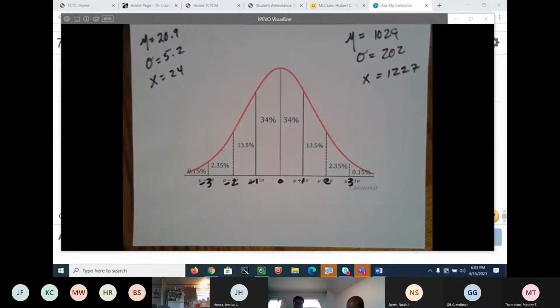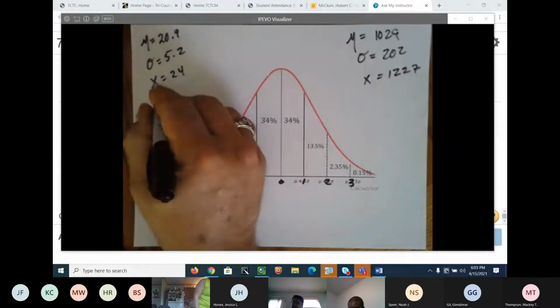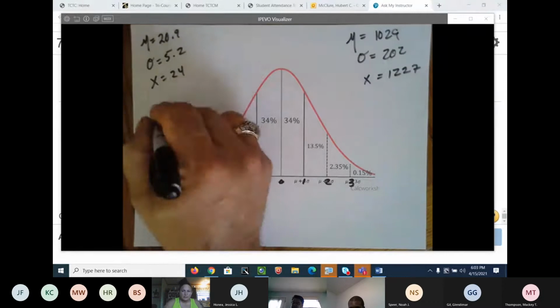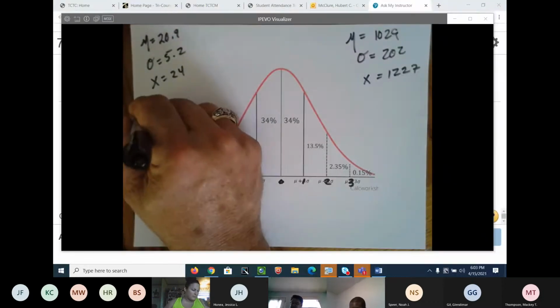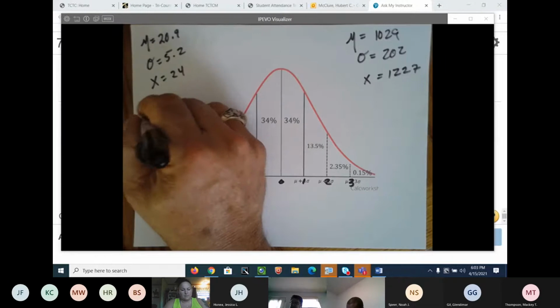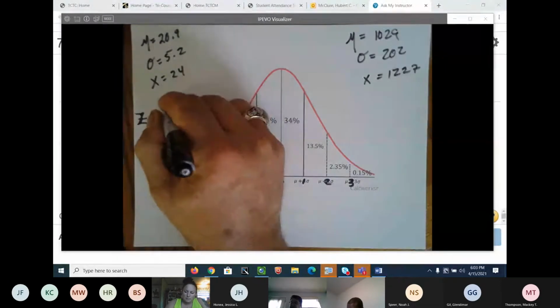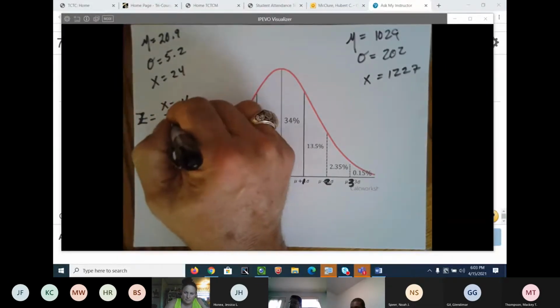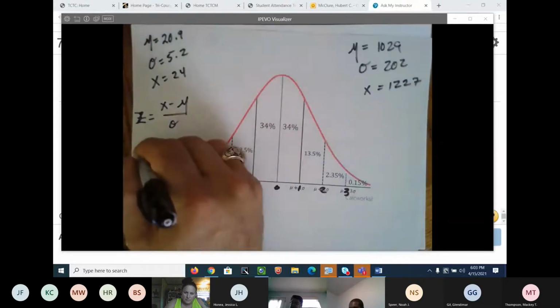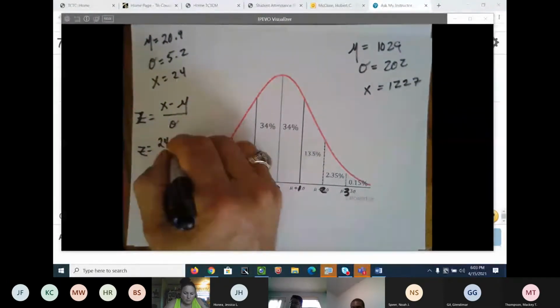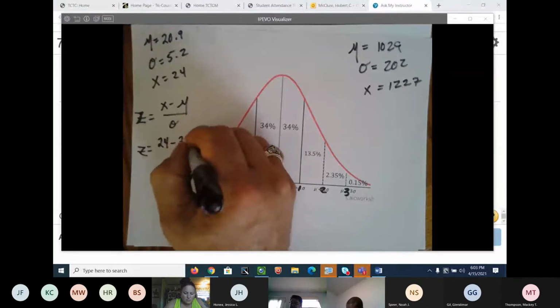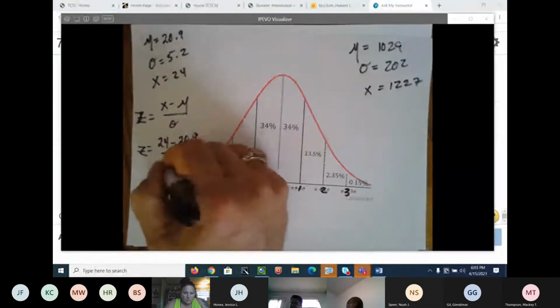So over here, I'm going to go x 24, I'm going to write mu. Z is equal to x minus mu over standard deviation. Z is equal to 24 minus 20.9 over 5.2.